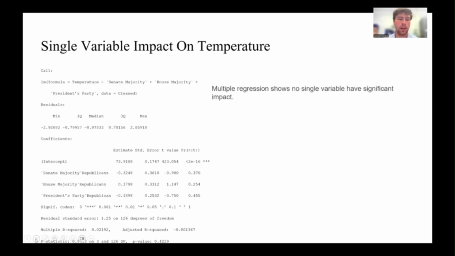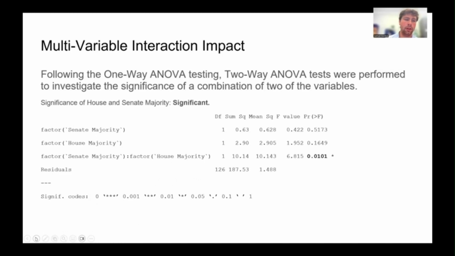Multiple regression test showed that the only real impact was year on temperature. However, two-way ANOVAs showed that when one party controlled both the House and the Senate, this was significant.